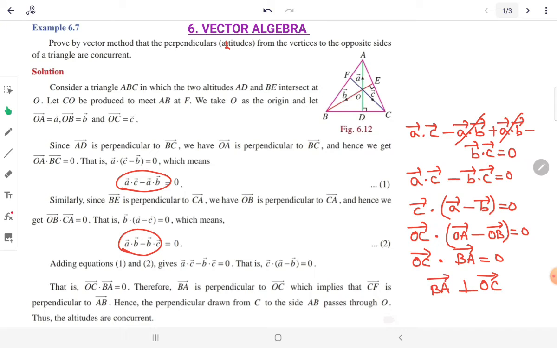Hence the perpendicular drawn from C to the side AB also passes through the same point O. So all these three altitudes are passing through the same point O. Therefore they are concurrent.